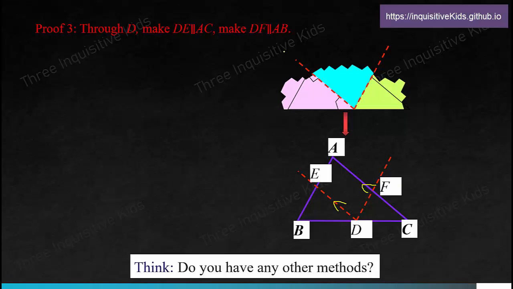Make DF parallel to AB. Angle C is equal to angle EDB. So these two angles are equal. And angle B is equal to angle FDC.